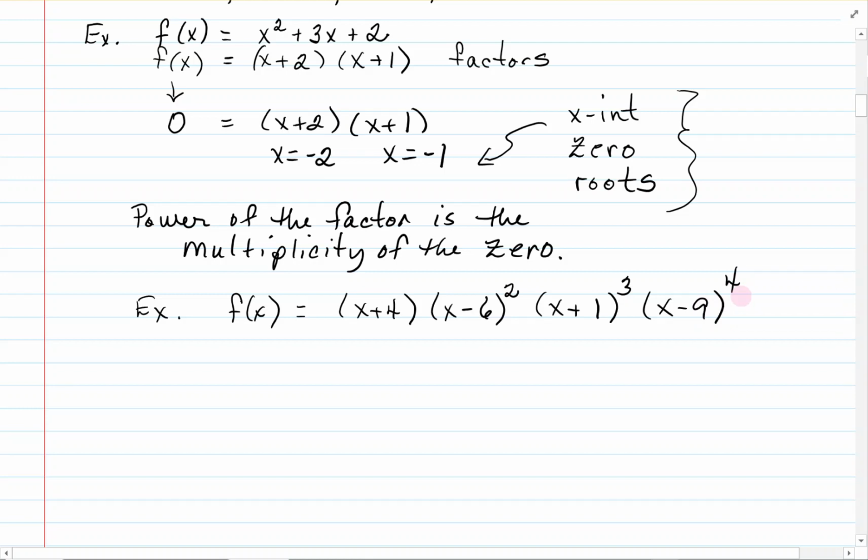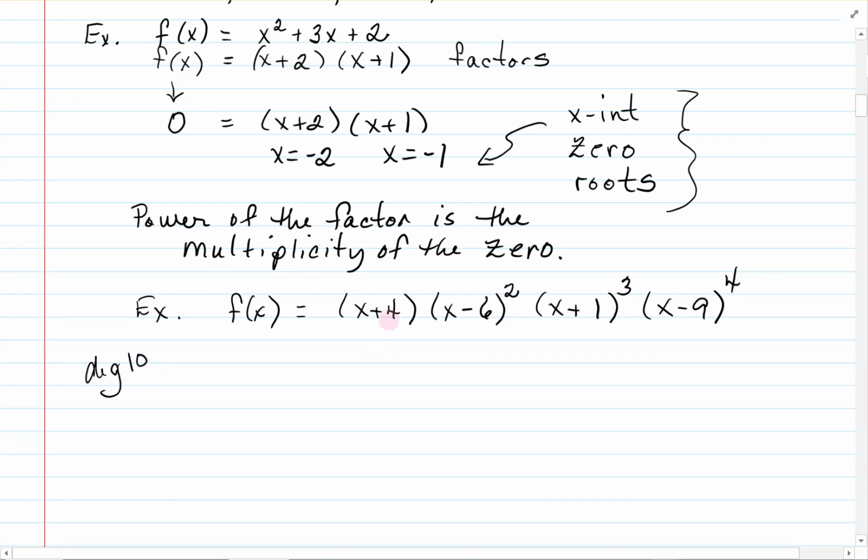Now my goodness, the degree of this, if I multiplied all this out, the first term in this part would be an x squared, in this part an x to the third, and in this part an x to the fourth. So I have 2, 3, 4, which with the 1 gives 10. This is degree 10. That's not really what I'm focused on right now, but I thought I would mention it.